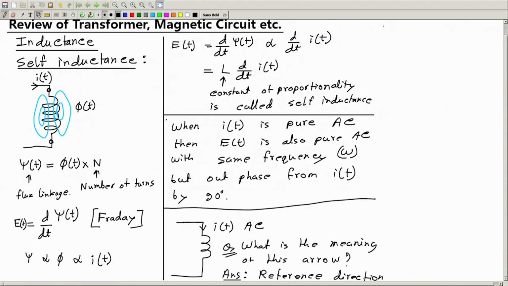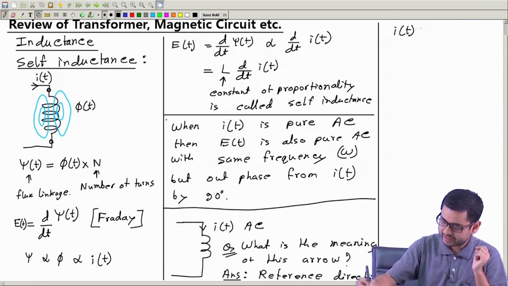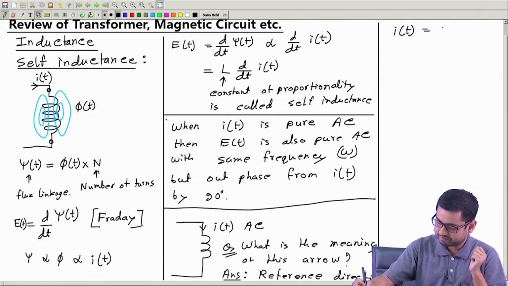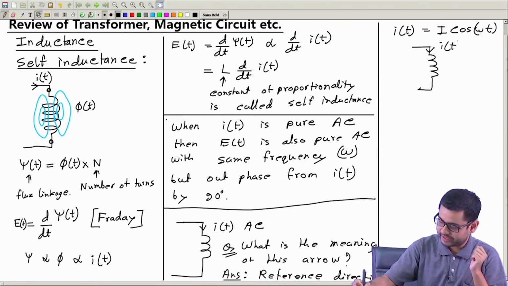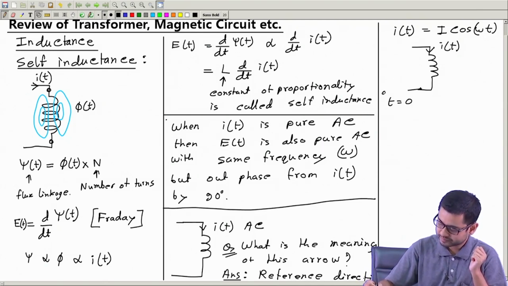If we write IT is equal to some I cos omega t, and if we draw this circuit with this arrow and IT here, then it means that at t equal to 0, from this equation IT is equal to how much?